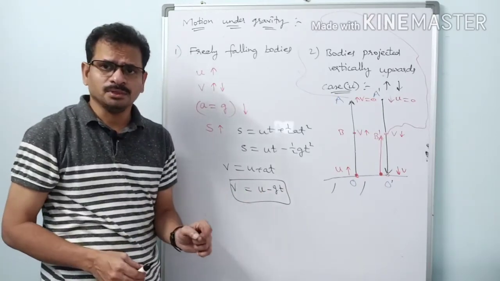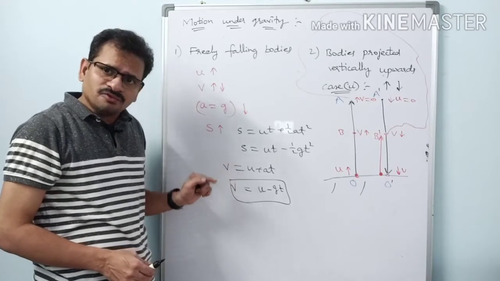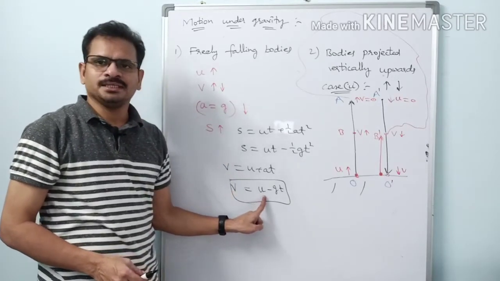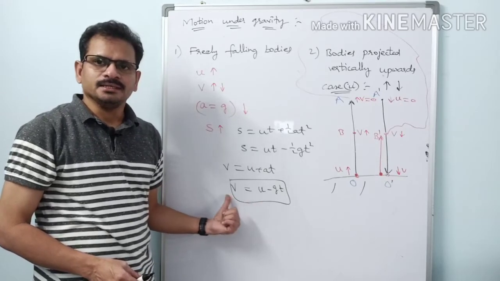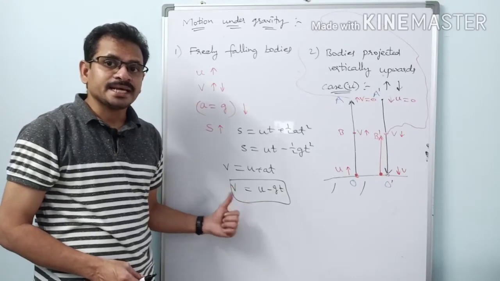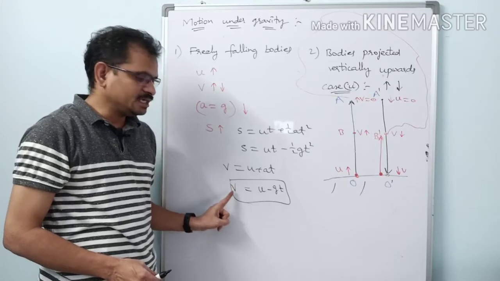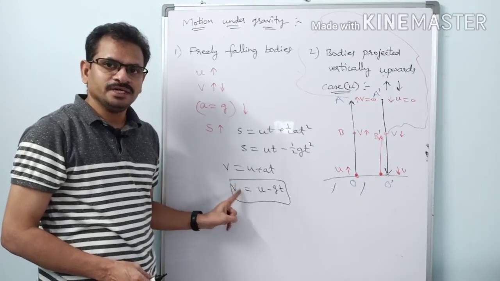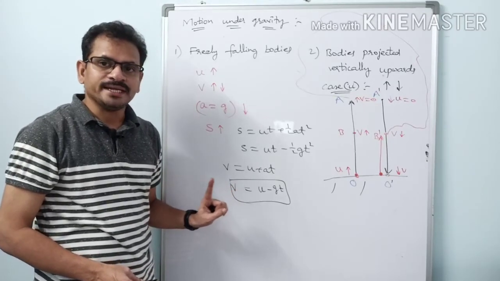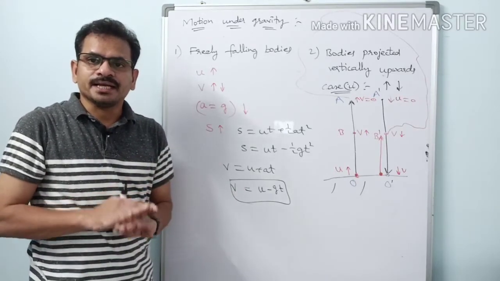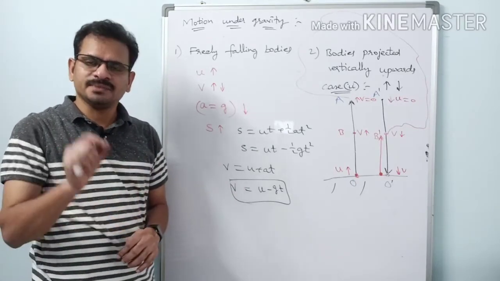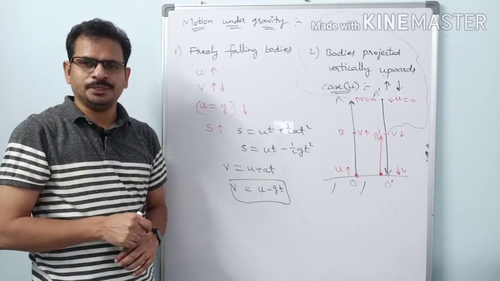One more thing, suppose you have to find initial velocity, when final velocity is given to you, then you have to assign sign. If it is a given quantity, assign sign. If it is not a given quantity, don't assign sign. The quantity which you have to find, never assign any sign to it. Keep that point in mind. That is one tip I am giving you.